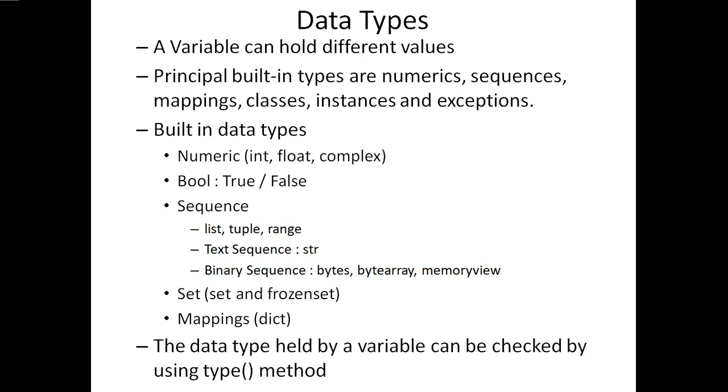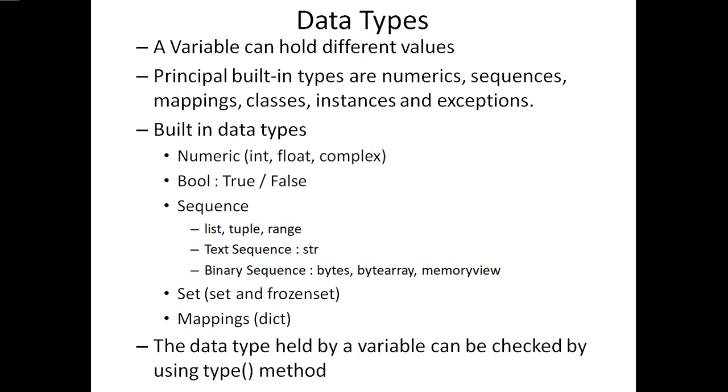Under numeric, we will take a look at int, float, and complex. Under bool, we have true or false. And under sequence, we have list, tuple, and range. Inside the sequence, we also have text sequence, which is string type.